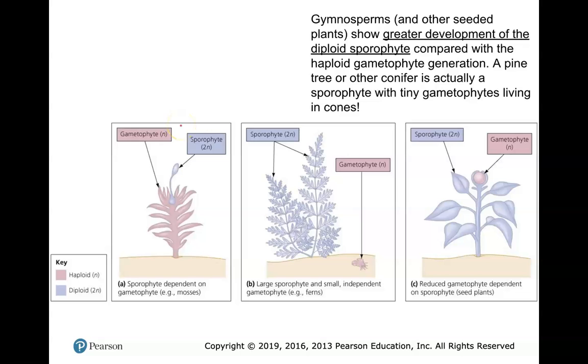If I switch straight over to the gymnosperms, this image to the right, it's kind of a switch event there in the evolutionary timeline where now I have that much larger structure that is a sporophyte, diploid, and the much smaller gametophyte, that haploid stage in gymnosperms. So I kind of see those events reverse as I go along the evolutionary timeline.